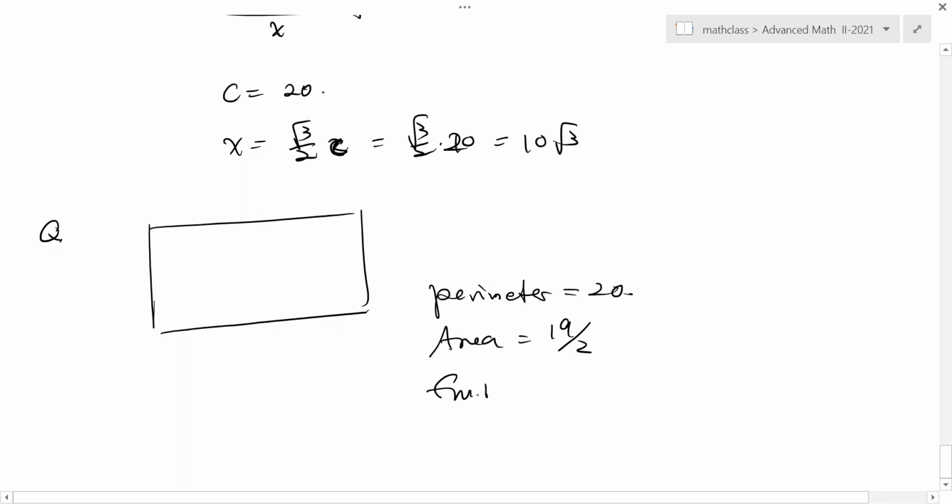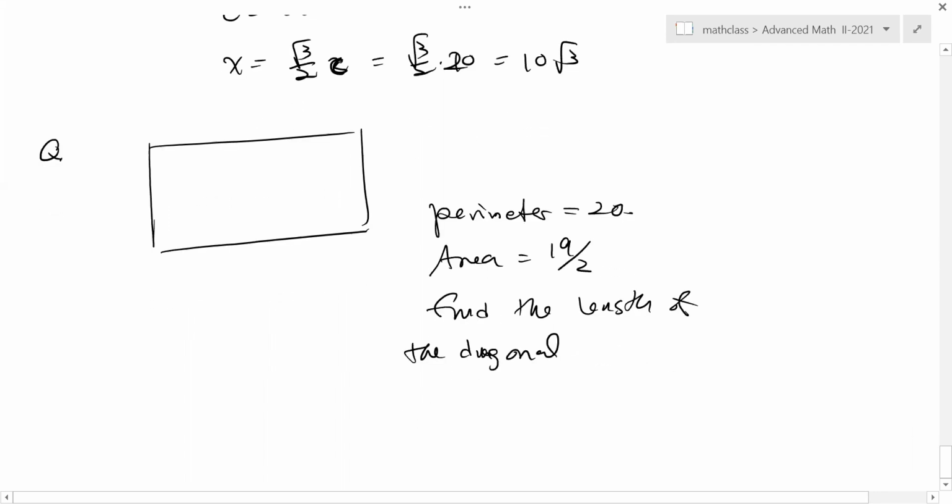Okay, find the length of the diagonal. Okay, let's find the length of the diagonal.